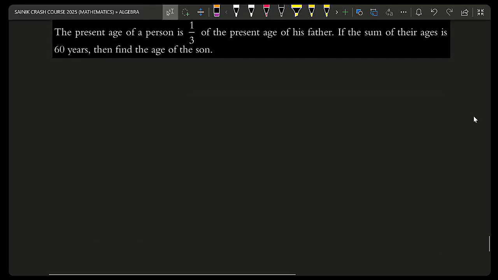If the sum of their ages is 60 years, then find the age of the son. Who will solve this?